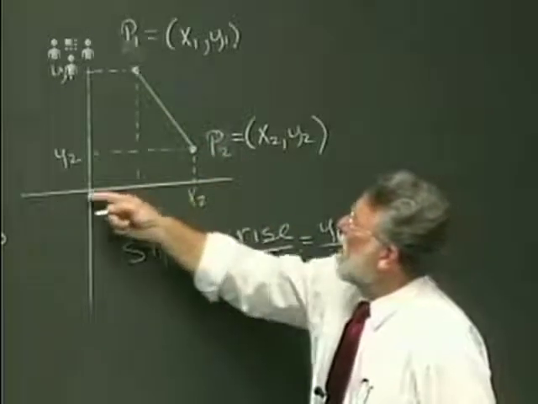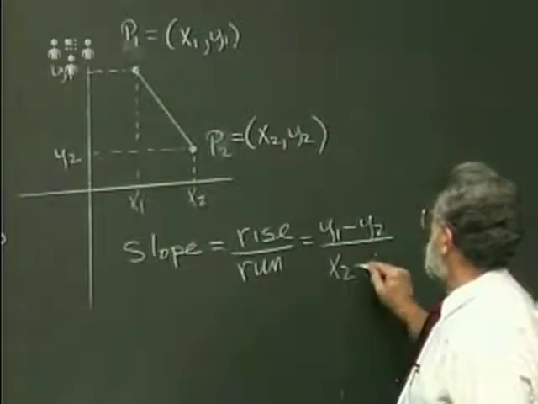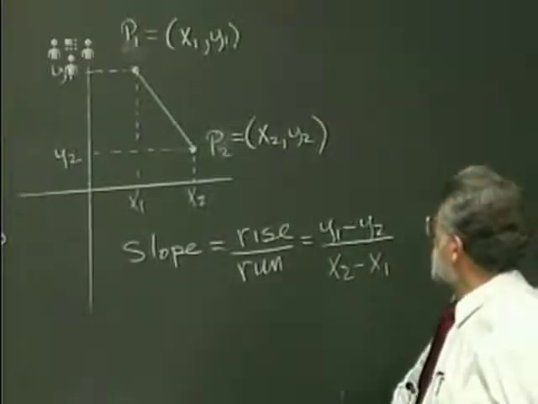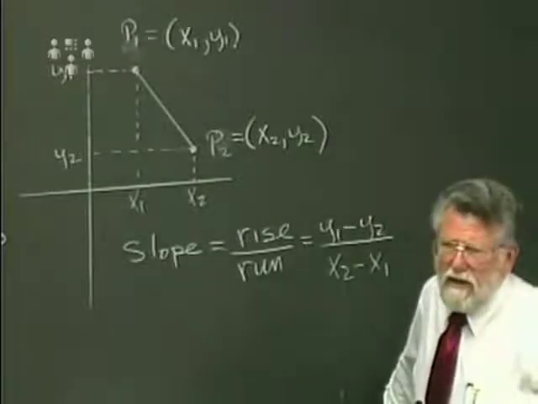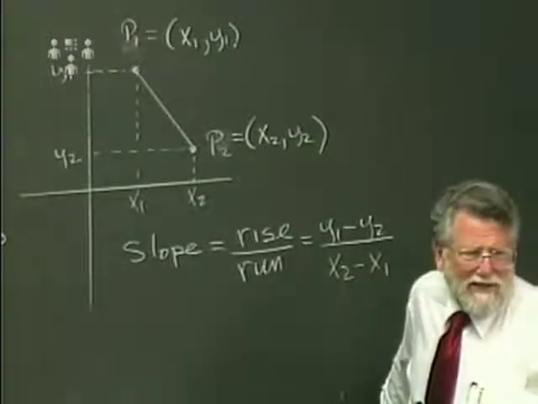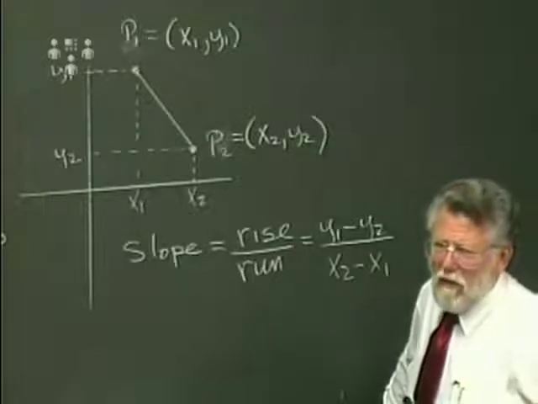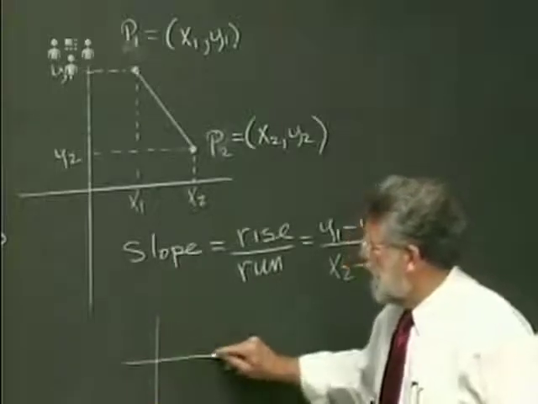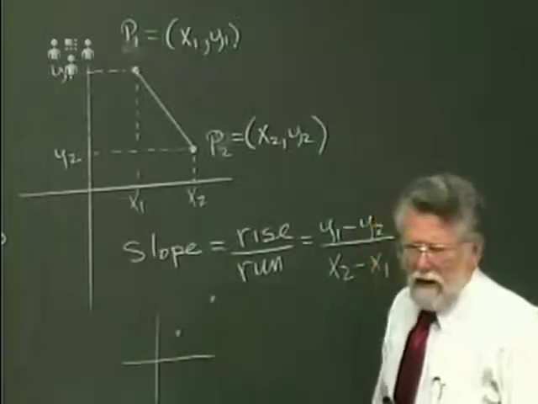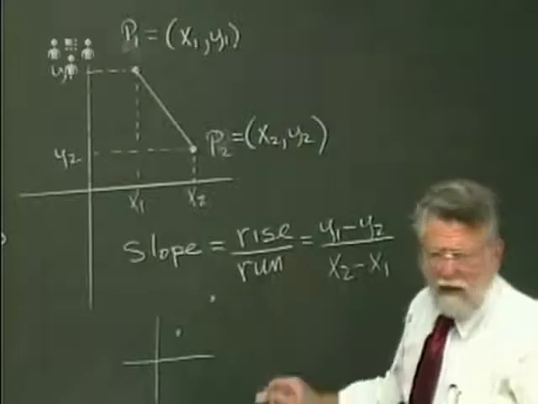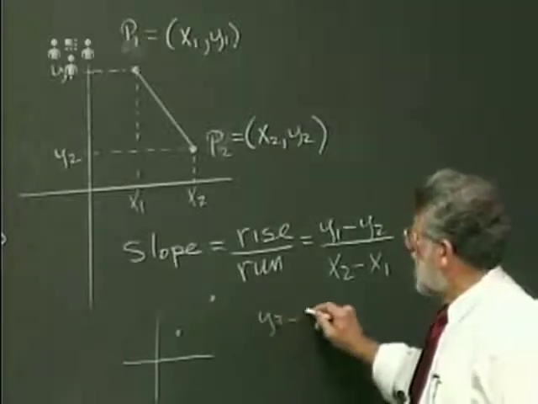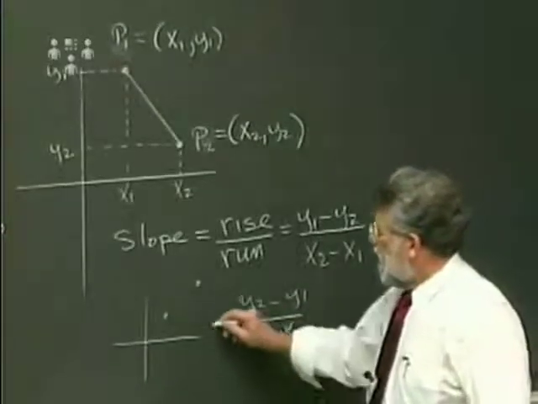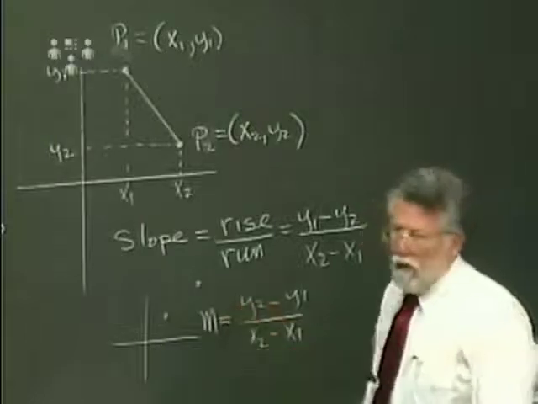And this is x2 minus what? x1. Now I've got to be careful here because something I have screwed up in terms of this will be a negative in this case, which is the way it should be because this line is going downhill. The formula usually, if I were to have these points in this rough sketch where it's going uphill, then the same thing I've done will be y2 minus y1 over x2 minus x1, and this is called m, which is the slope.